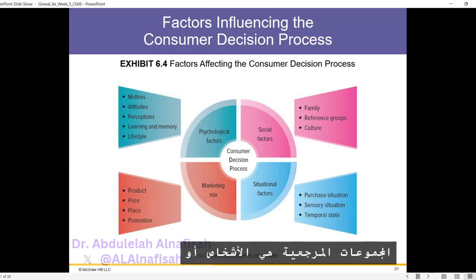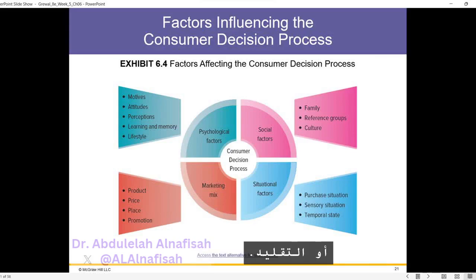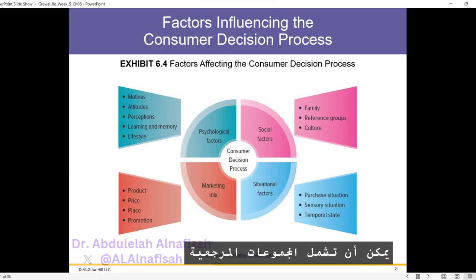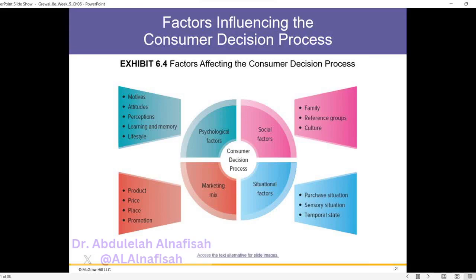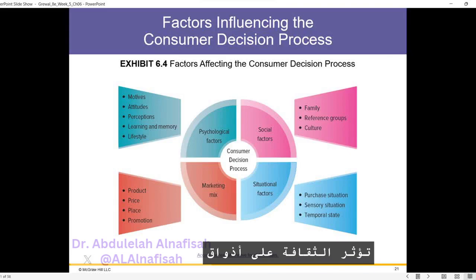Reference groups, the people or groups that consumers identify with or compare themselves to, and whose opinions or behaviors they value or imitate. Reference groups can include friends, colleagues, or online communities. Culture, the set of beliefs, values, norms, and customs that shape consumers' behavior and preferences in a given society or region. Culture influences consumer tastes, preferences, and buying habits.